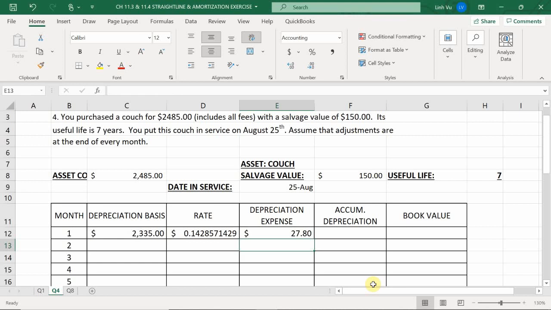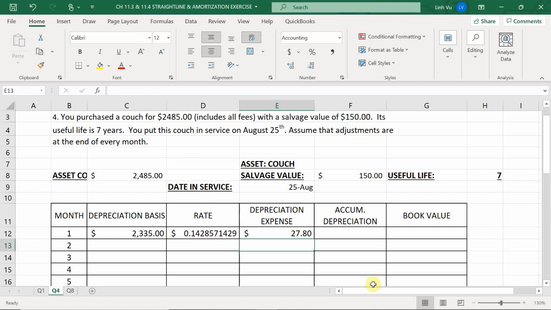But I need for 4 months. Who says you need it for 4 months? From September, October, November, December. Am I doing the adjustment at the end of the year? No, the adjustment's done at the end of the month.